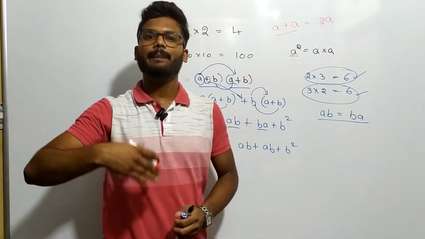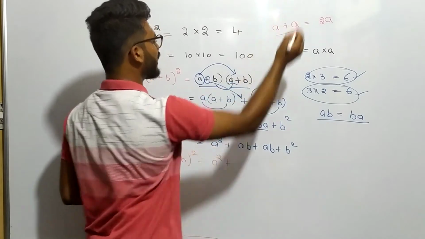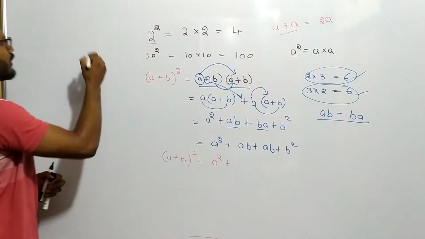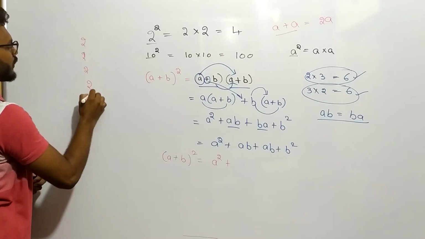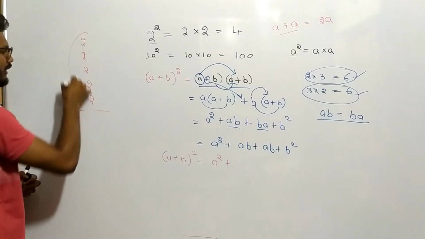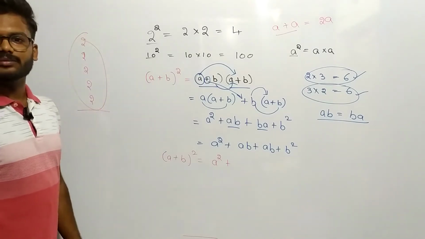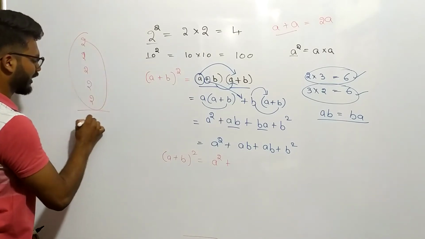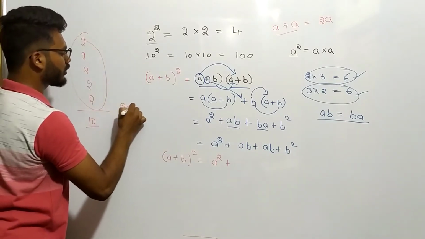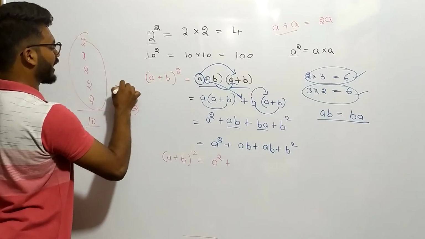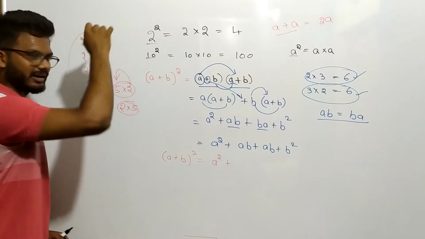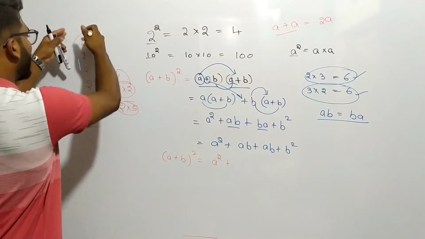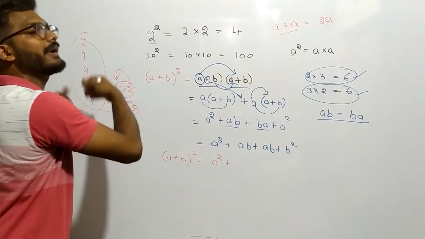Multiplication is nothing but repeated addition. I am taking one example: 2 + 2 + 2 + 2 + 2. How many times am I adding? 5 times, and we get 10, which is nothing but 2 into 5. Here multiplication is nothing but repeated addition.